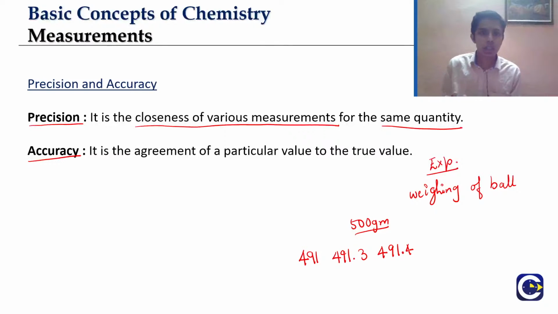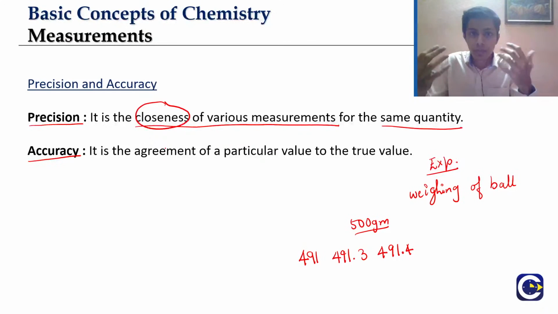So we call this value precise. You should be very much concerned about this term closeness. When the values are very close to each other, we call it more precise.